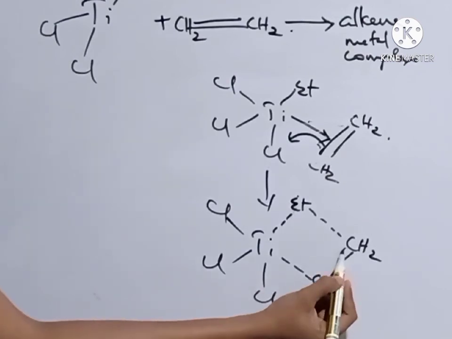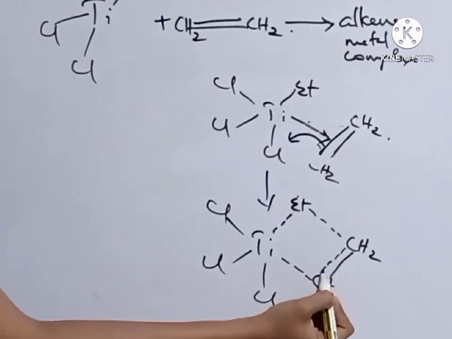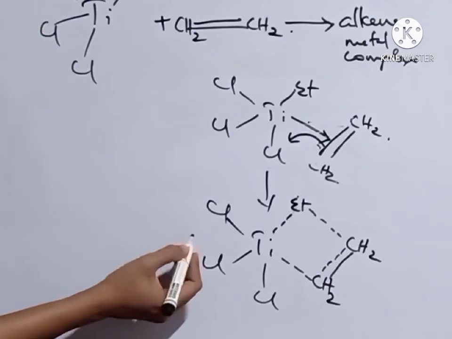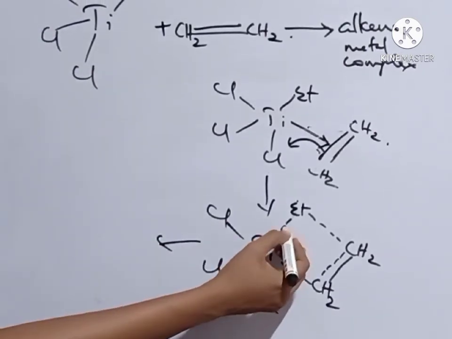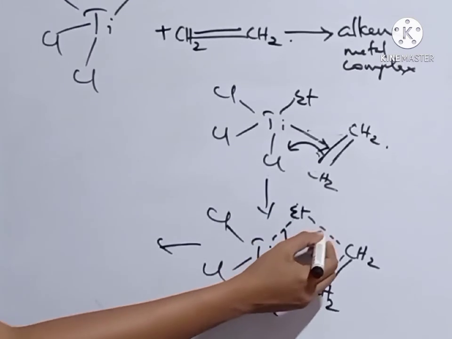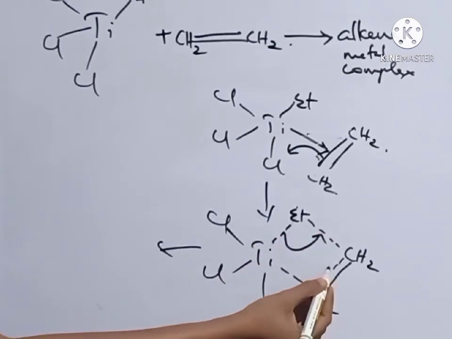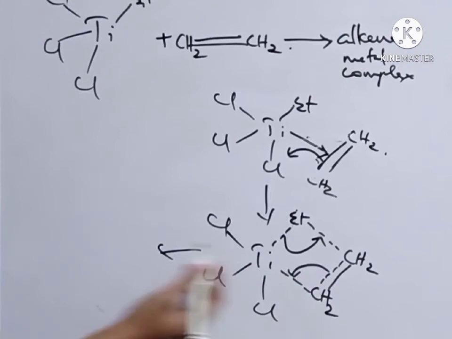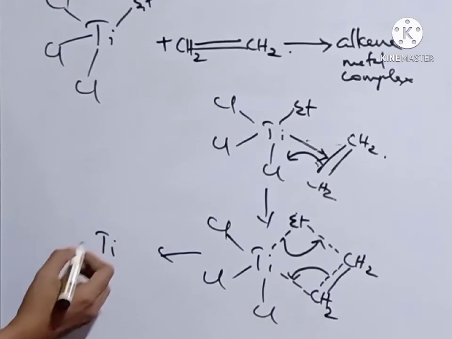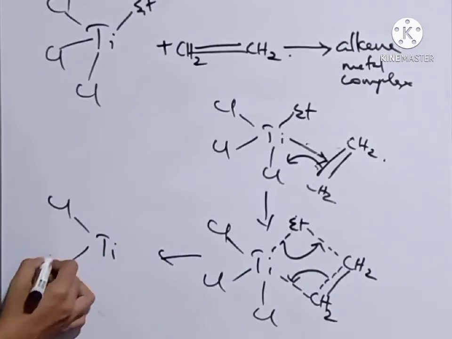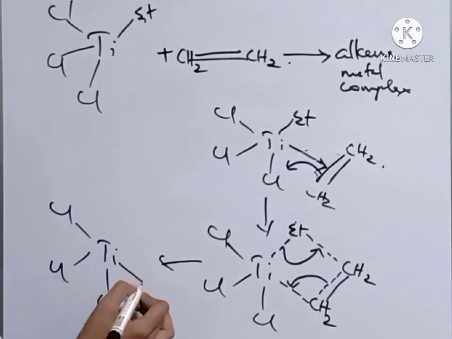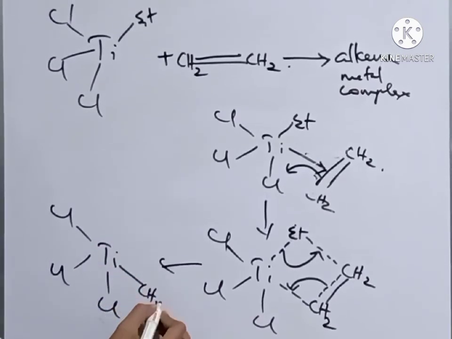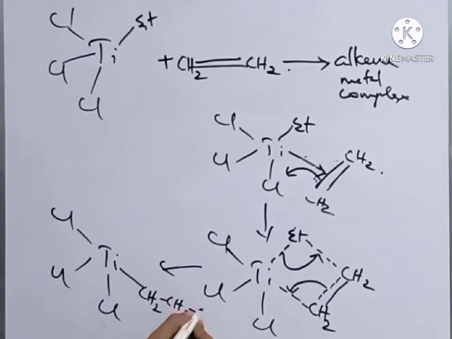Here also the dotted line. Then in the next step, this bond entirely shifts from here to here, and this partial bond to here, and we'll get titanium, Cl, Cl, Cl, and here is a solid line, then CH2, CH2, Et.